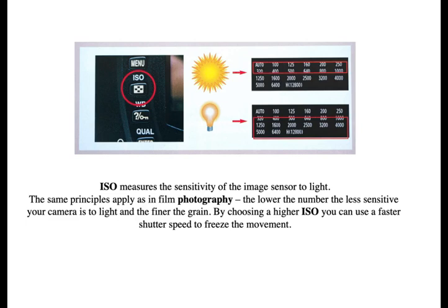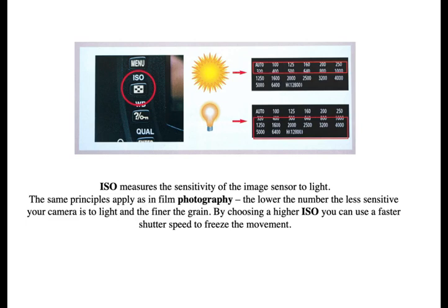What it means is the sensitivity to light, either your sensor sensitivity or, in film, film sensitivity to light. But ISO is the base number to start off for our exposure. The lower the ISO, the less sensitive to light the sensor is going to be, so it needs more of an exposure, more light, and then the higher the number, the more sensitive to light it is.